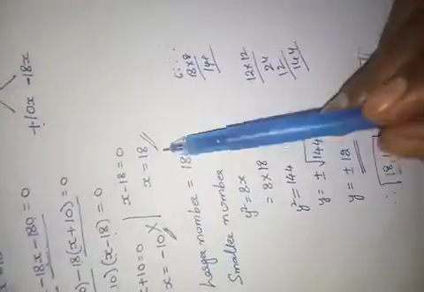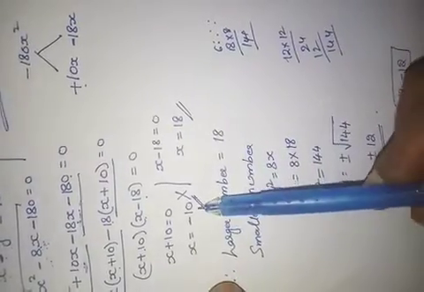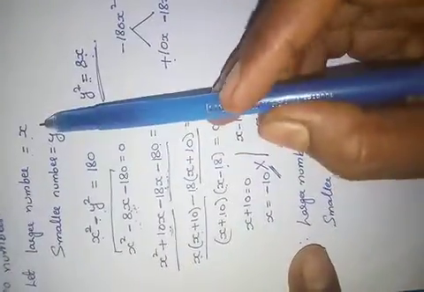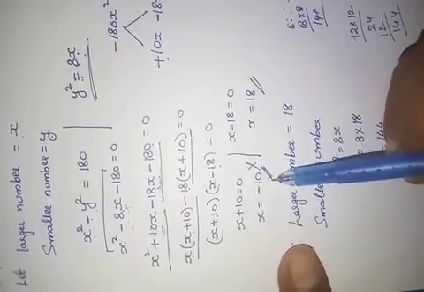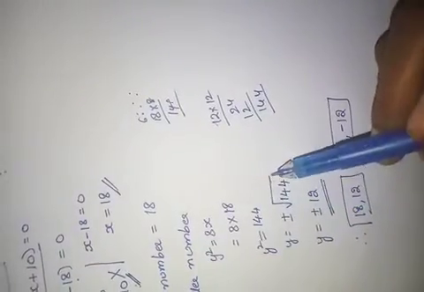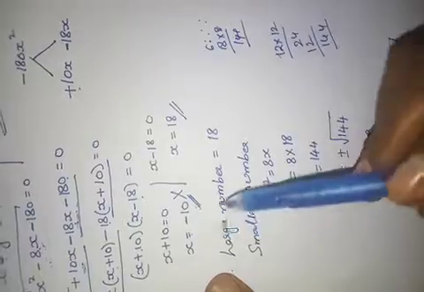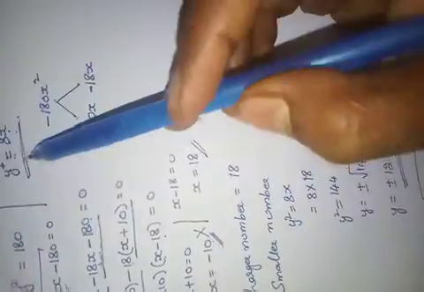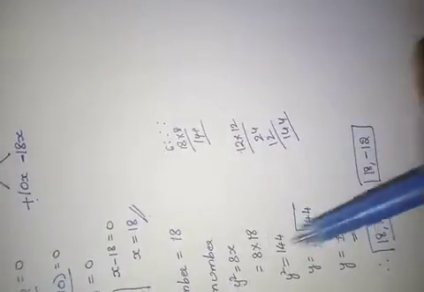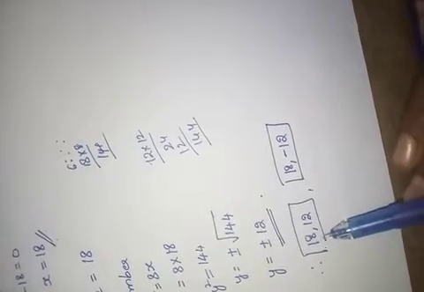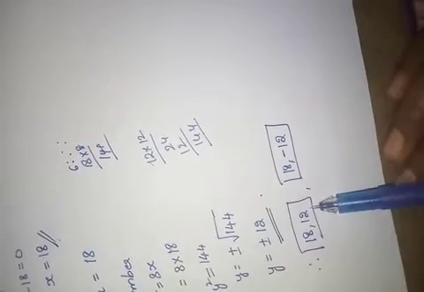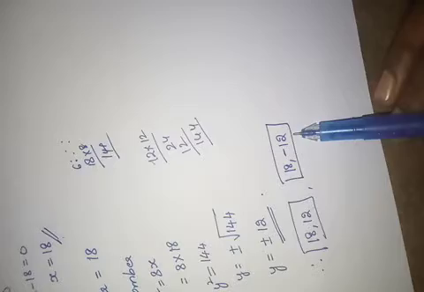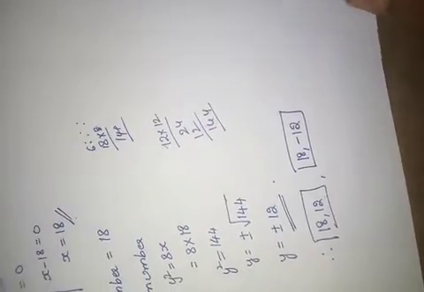I substituted and solved it and got two values, one negative. But for the larger number, if I take the negative value, it will not be possible, so I am neglecting it. So x equals 18. We know y square equals 8x. Substituting, I got plus or minus 12. So x comma y may be 18 comma 12 or 18 comma minus 12. Did you understand? Shall we go to the next problem?